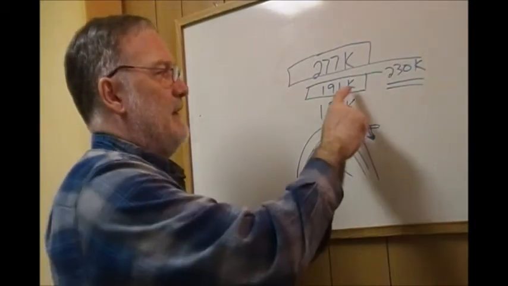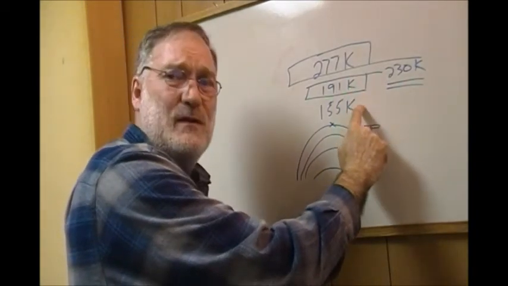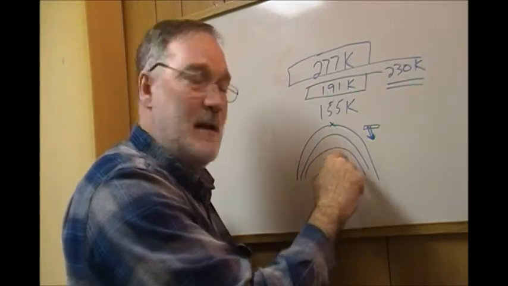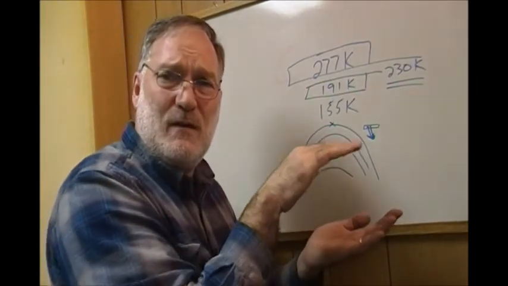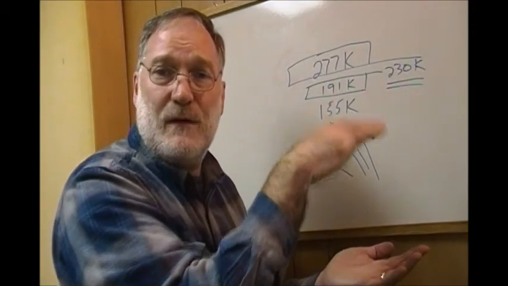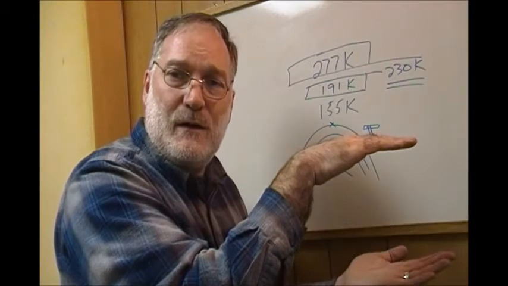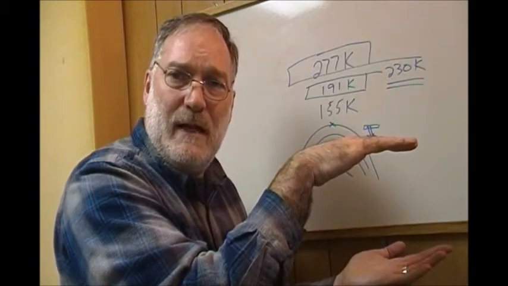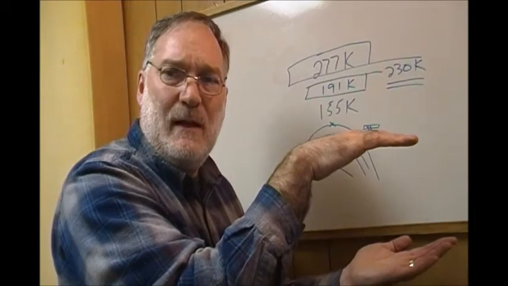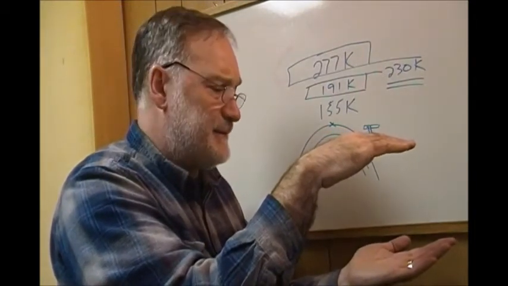The reason that the moon's temperature is 191, by the way, and not closer to 155, is because of what's happening there. That 2 to 3% heats the regolith below the surface. So not just the surface is getting that temperature, but the soil below the surface is being warmed a little bit during the daytime, and the temperature isn't going to get above the black body temperature here.